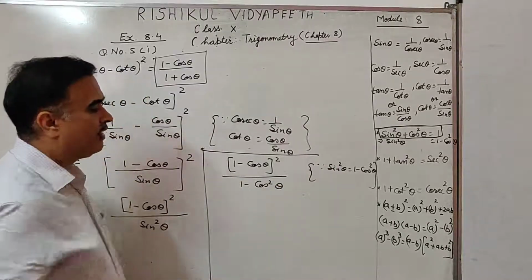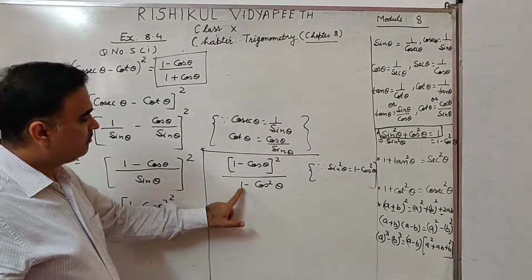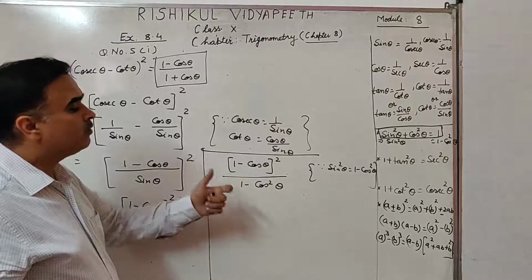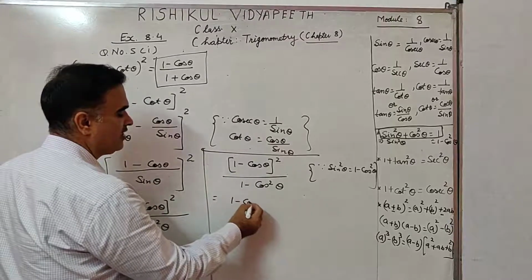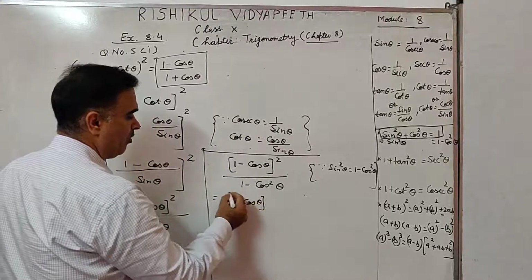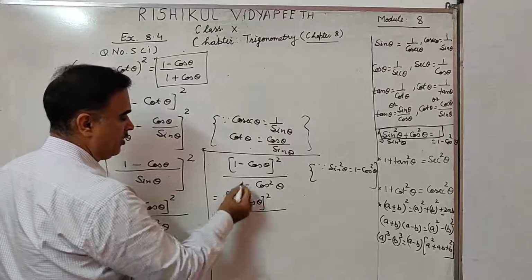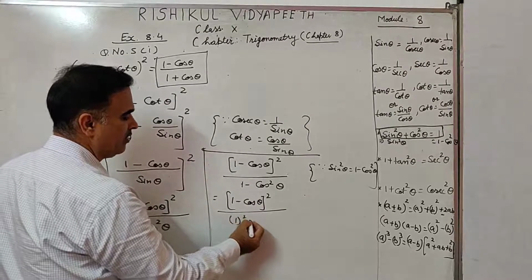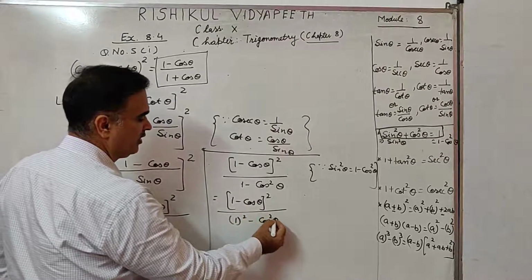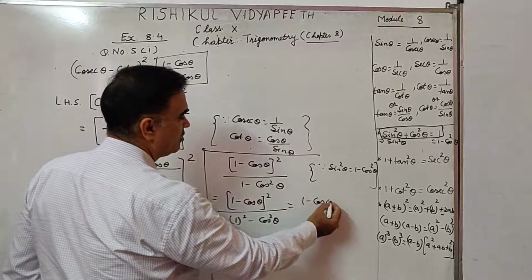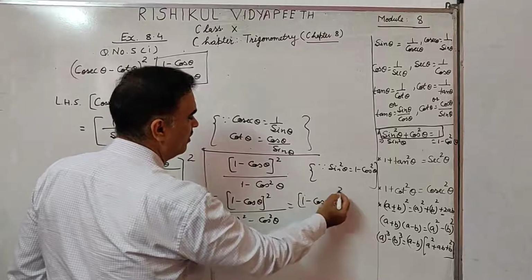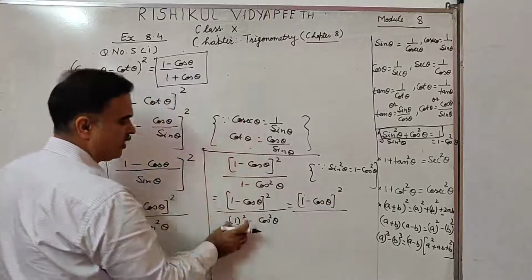Now, what you can say, we can write 1 is 1 square. You see, it is 1 minus cos theta whole square upon, we can take it as 1 square minus cos square theta. And you know, my dear students, this is a square minus b square.